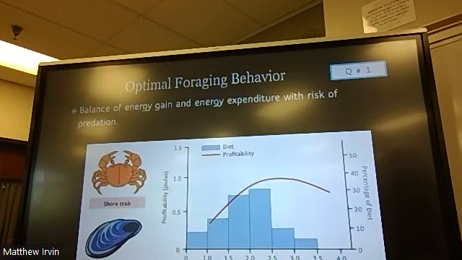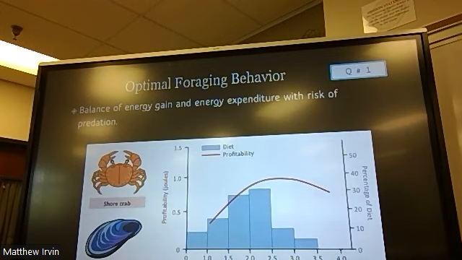Other behaviors, optimal foraging behavior. This is where organisms have to balance the risk of finding their prey and the reward of how much food and nutrients they are going to get. So if you travel too far, then the caloric payoff might actually be negative.